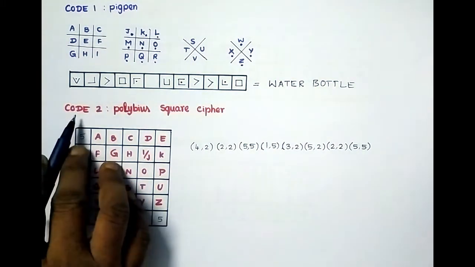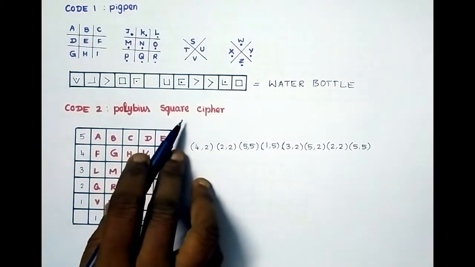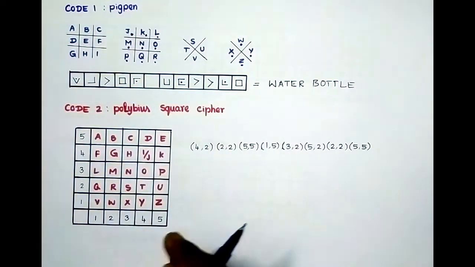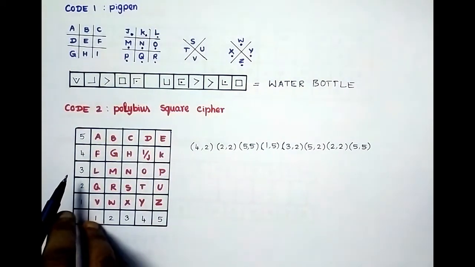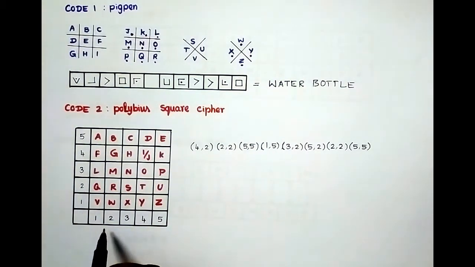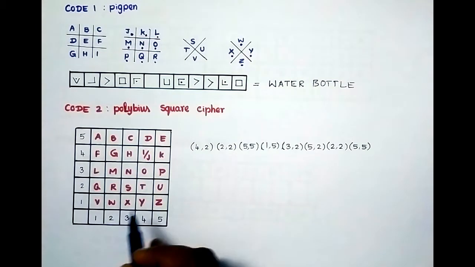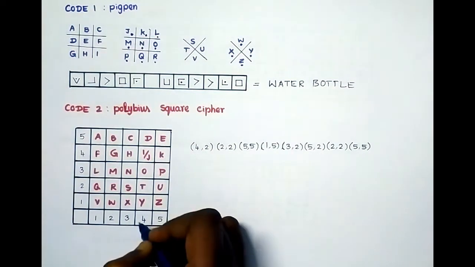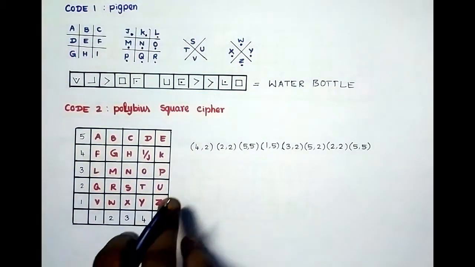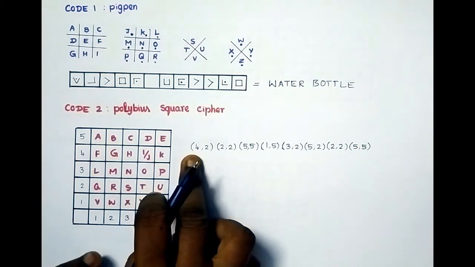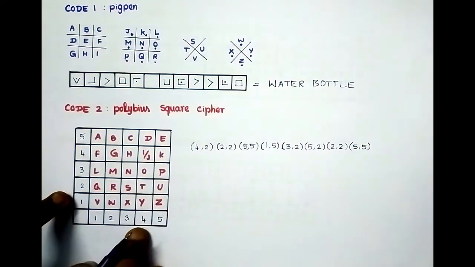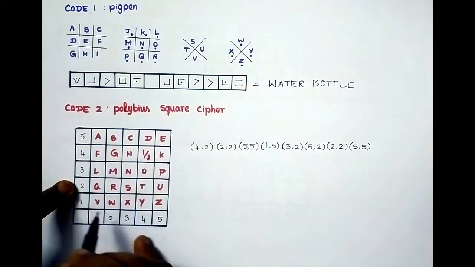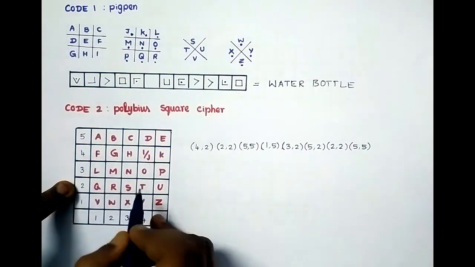Next, code 2, Polybius square cipher. Listen, they have given the rows and columns, and for this we give numbers. 4 comma 2. Where is that? 4 is x, the horizontal line, and 2 is y, the vertical line. So 4 comma 2 is t.